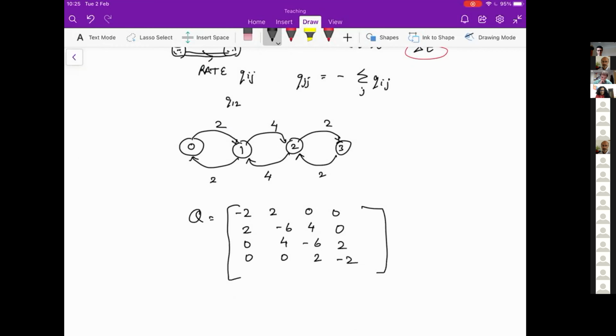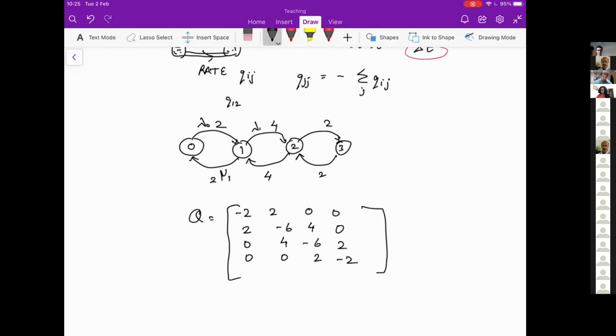Okay, so maybe I should just annotate this. The rate of departure from here is going to be mu 1, and the rate of arrival from here is, sorry, this is lambda 0 over here. Transition rate is lambda 0, and this is going to be mu 1.